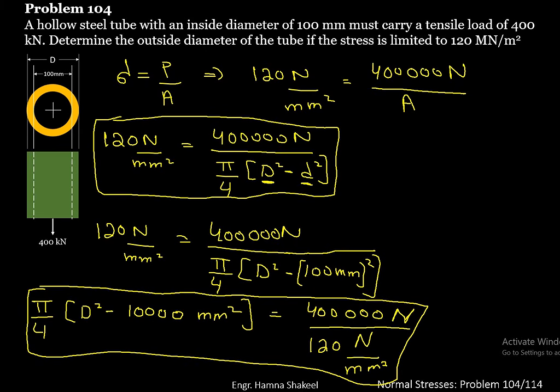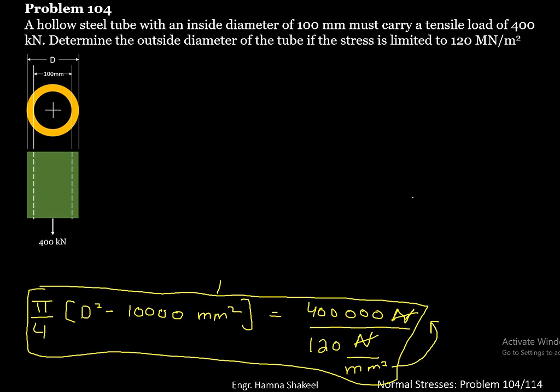So you have Newton in the numerator and you have Newton here in the denominator. They're going to cancel each other, and this millimeter square will go here on the numerator. Let's further rearrange this equation.